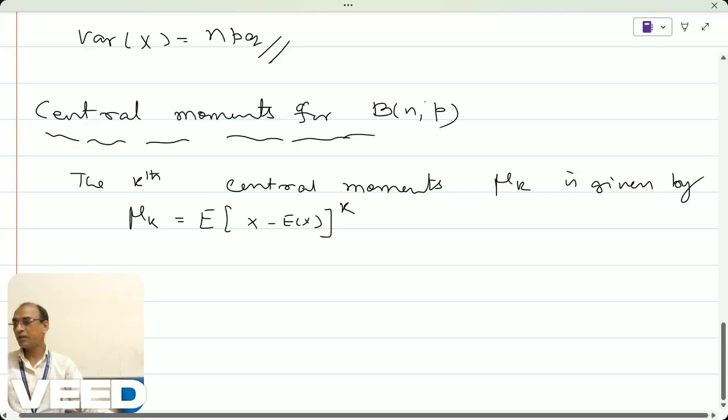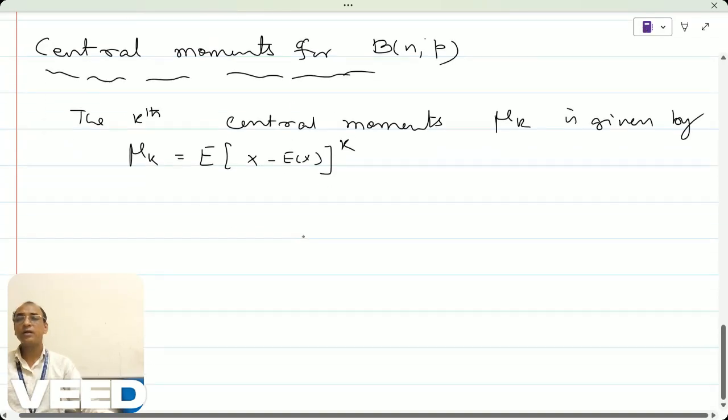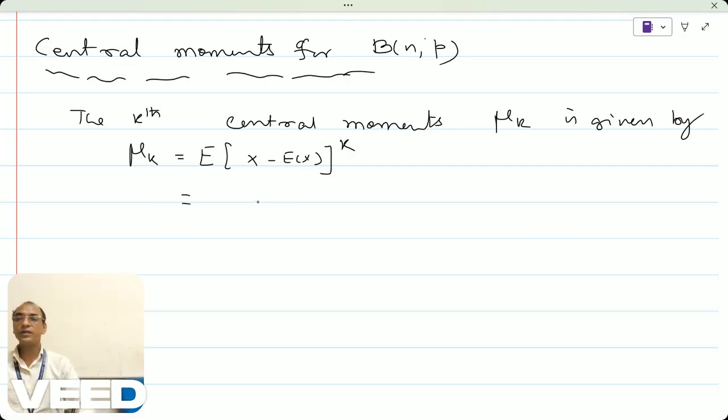But you know expectation of x for the binomial random variable x is np. So we can have this as expectation of (x minus np) to the power k.